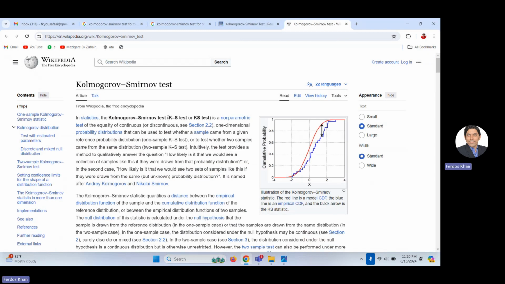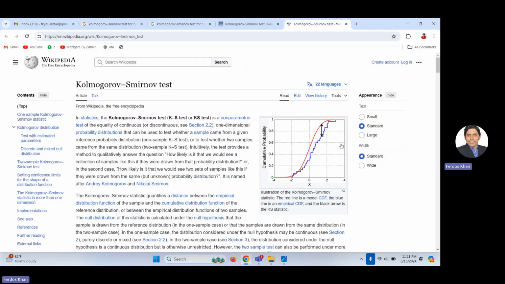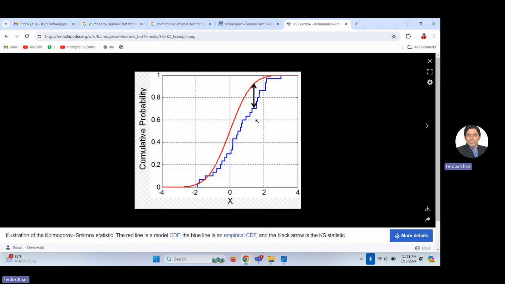You can also see this on Wikipedia, with this graph and the same details. If you want to know how to do this and the details of the test, you can go and see. Here you can see an illustration of the Kolmogorov-Smirnov test: the red line is the model CDF, and the blue line is the empirical CDF.